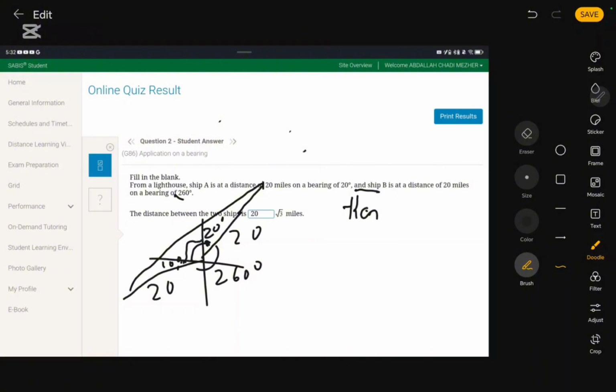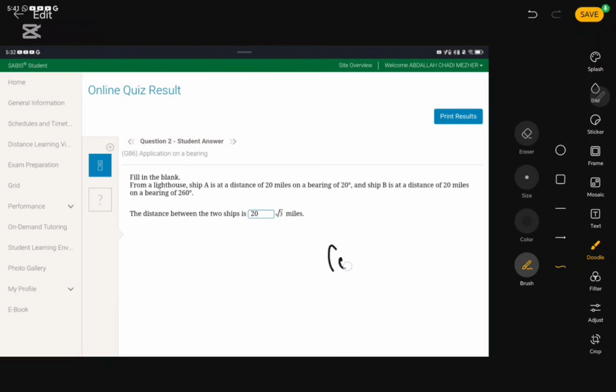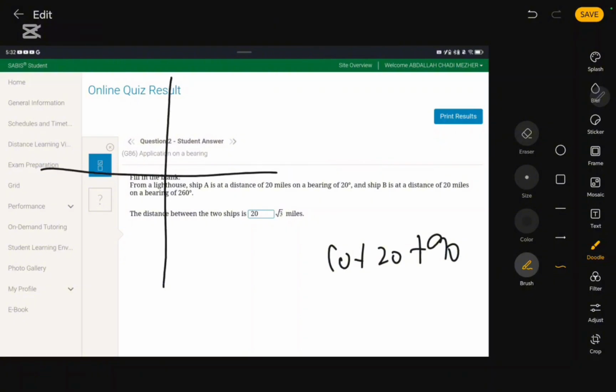It's gonna be 90. So 10 plus 20 plus 90. Let me just draw it again. I'm gonna make it big so we can see. 90 here, 20, 90 there, 10. 20 here, 20 here.